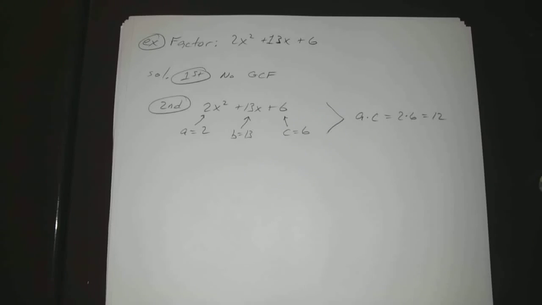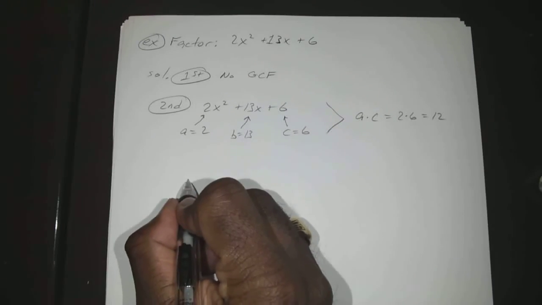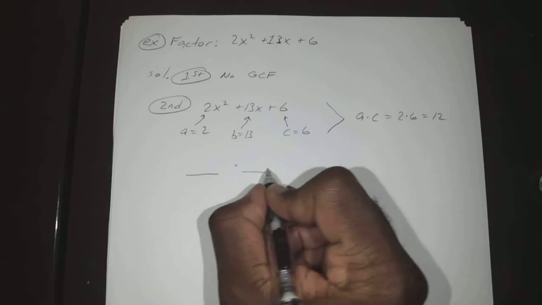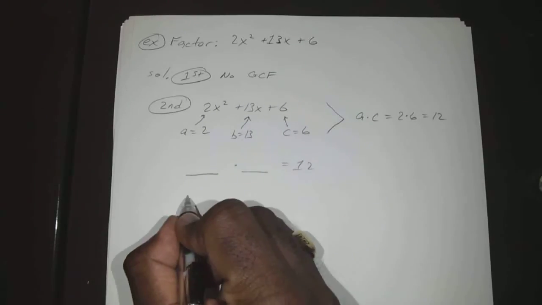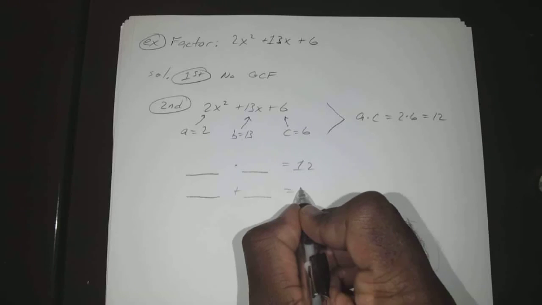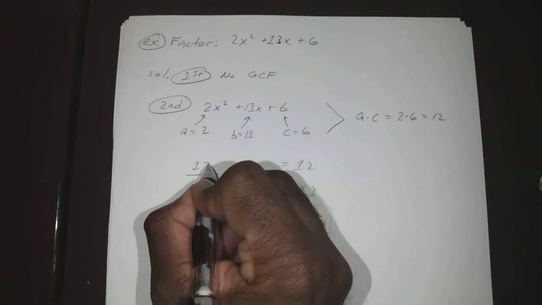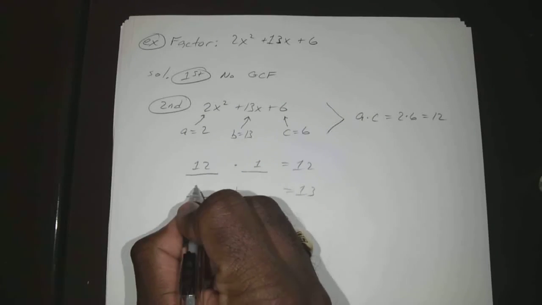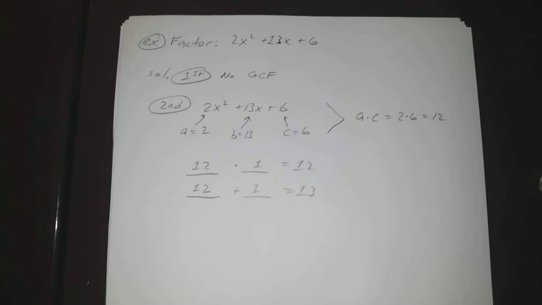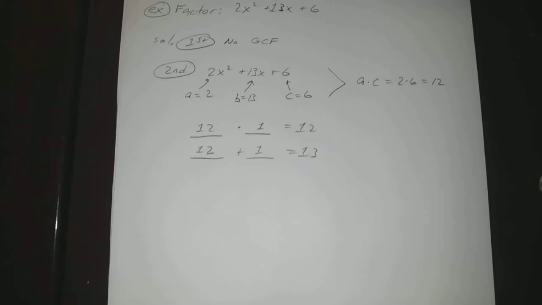So we have to find two numbers that multiply to equal 12, and those same two numbers add to equal 13. Okay, so they only differ by 1, so those are pretty easy to do. You can use 12 and 1. So 12 times 1 is 12, and 12 plus 1 is 13. So when they only differ by 1, you know a 1's in there somewhere.